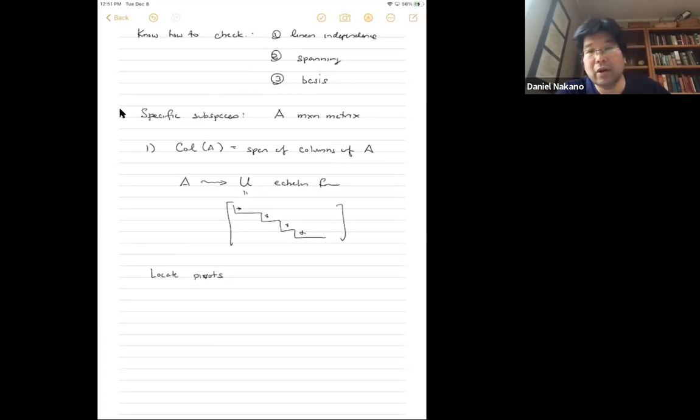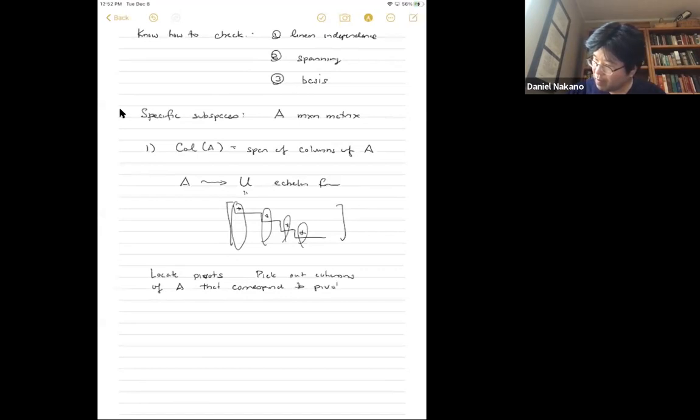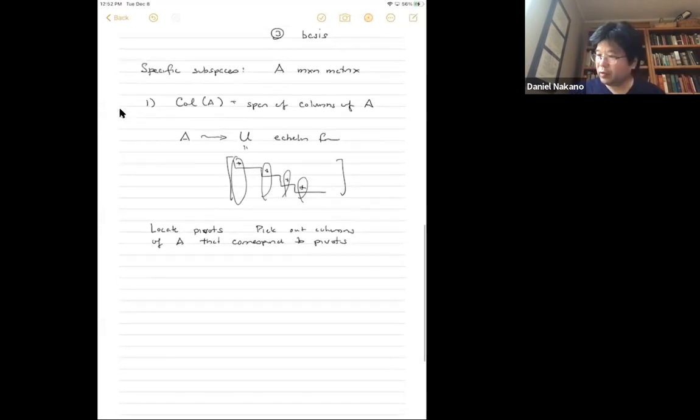These are the first non-zero entry on every single row. Then we locate the columns here, and then we go back to A and we pick out those columns. Okay, and then this forms a basis.